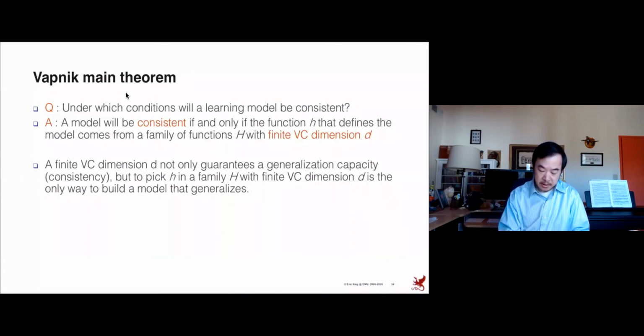It is consistent if and only if the function h that defines the model comes from a family of functions which has a finite VC dimension. This is a very important thing. Your VC dimension helps to characterize the capacity of the hypothesis space, and only when it is finite can you expect that a model learned from this h can be consistent.